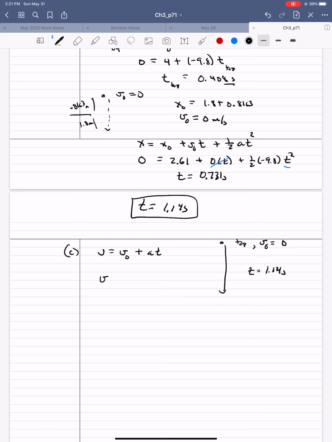And so the speed when she hits the water is 0 minus 9.8 times 1.14. And so for that speed, I get negative 7.16 meters per second, where the minus sign means that she's going downwards when she hits the water, which obviously she is.